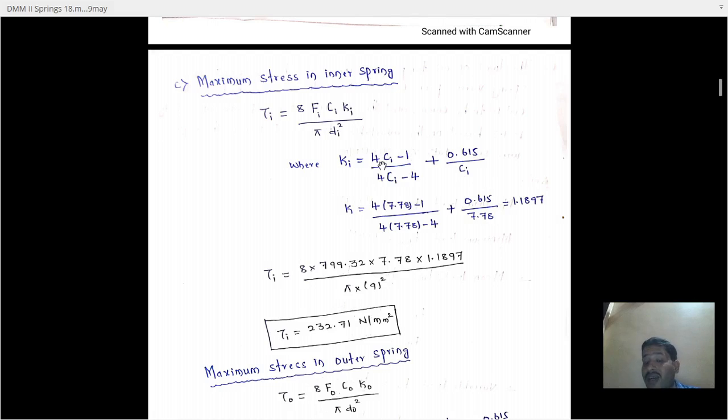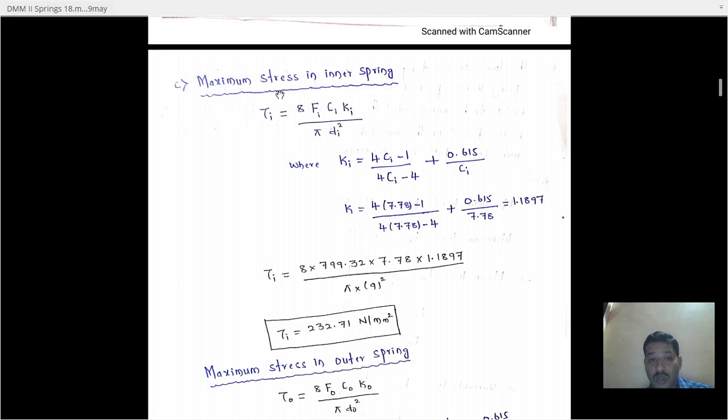Ci value we already got: 7.78. So (7.78 minus 1) divided by (4 into 7.78 minus 4) plus 0.615 divided by 7.78. If you divide this whole value, you will get 1.1897.